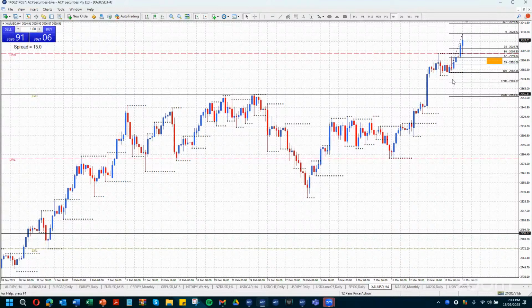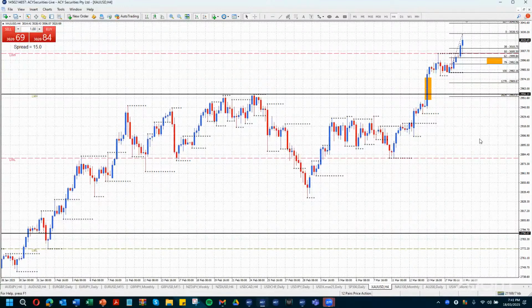There is a bit of an imbalance as we broke above. So price may want to come back to fill this imbalance, which all kind of coincides with this area potentially offering support in this zone here. All right, so that would be a patience area to look for later in the week.